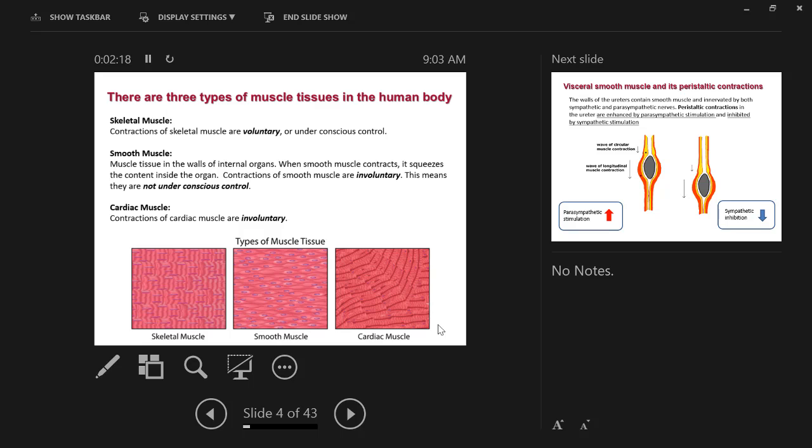You cannot squeeze vessels consciously, so it's involuntary. The last one is cardiac muscle, which is not relevant in this topic. But 2 different muscle types are relevant in Micturition. So just keep in mind that skeletal muscle is voluntary, and smooth muscle is involuntary.